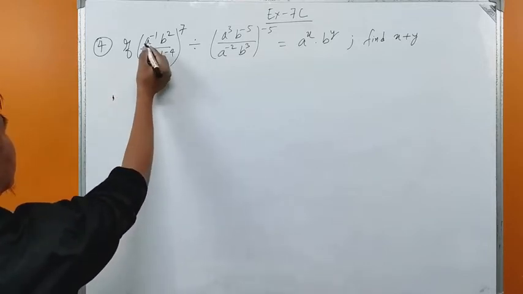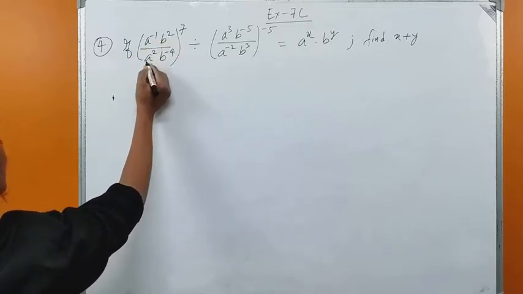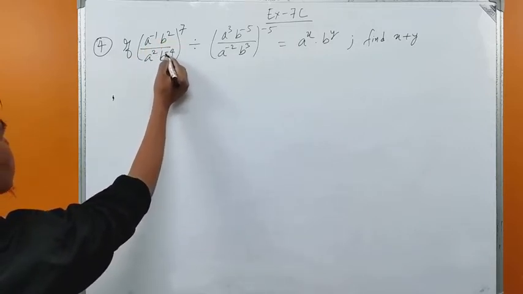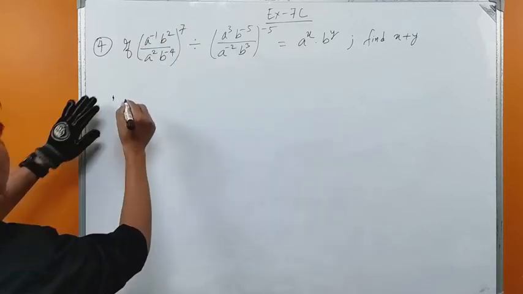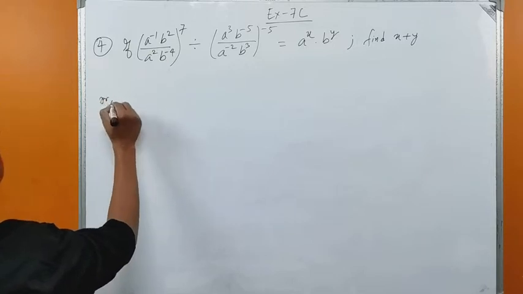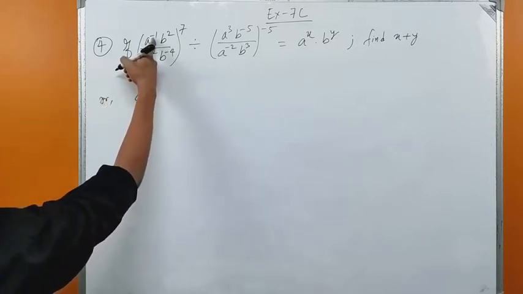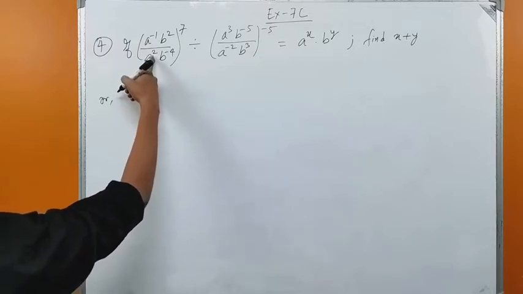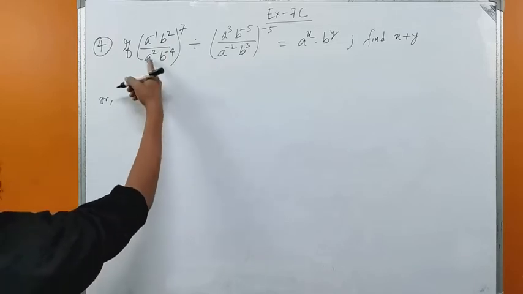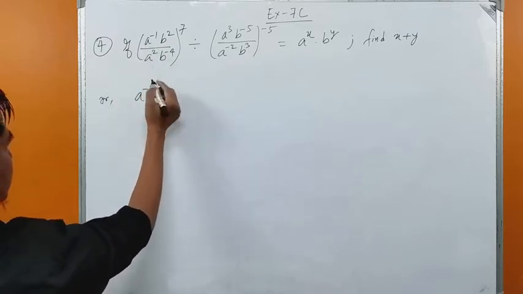Or a to the power minus 1 into b square whole upon a square into b to the power minus 4 whole to the power 7, isn't it? So you can write this as a to the power minus 1. We take this power a square to the numerator, and since the bases are same, a and a, the power gets subtracted.